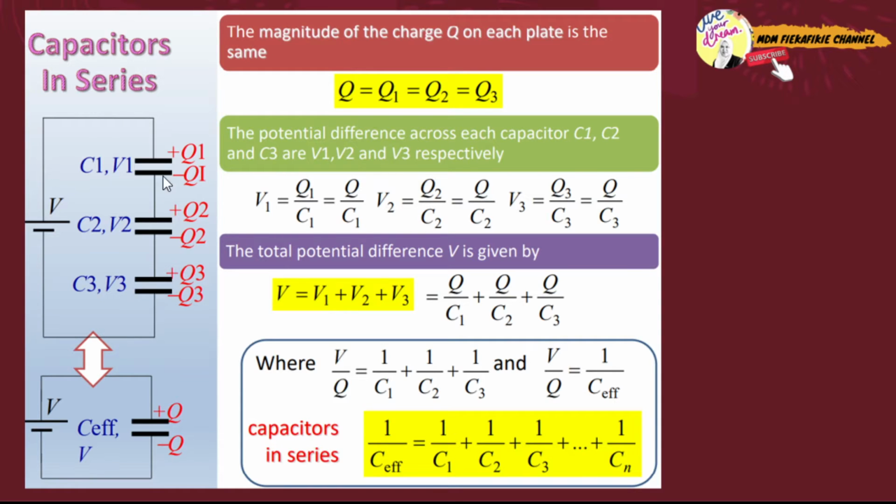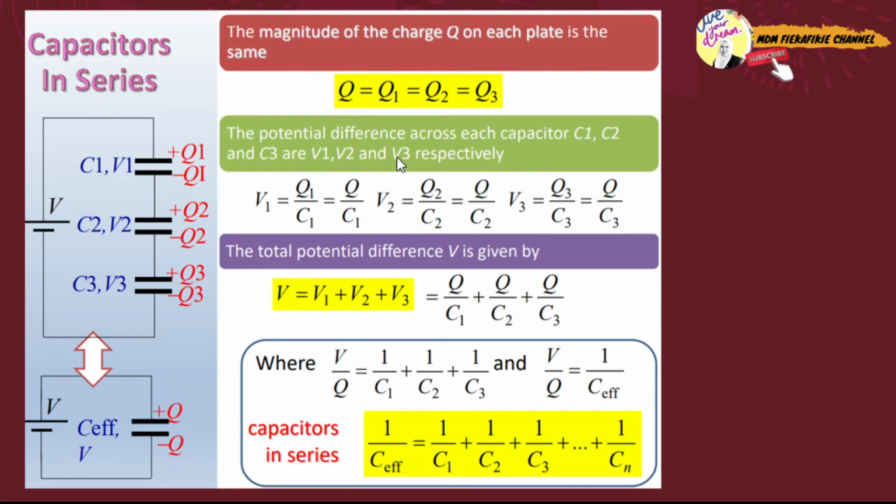Here we have 3 pieces of information that you must know about capacitors that combine in series. Here we have 3 capacitors labelled C1, C2 and C3. When you find the total charge in this circuit, Q total is equal to C total times the voltage supplied to the circuit. The magnitude of the charge on each plate is the same.